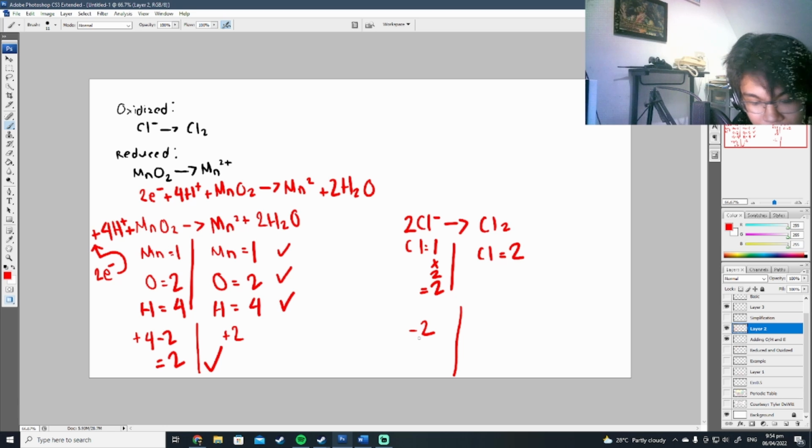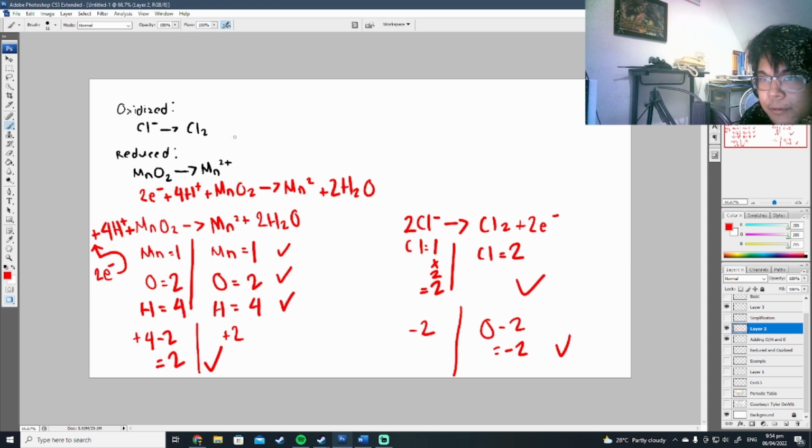On this side we have negative 2, and on the other side we have 0. Since we have 0 on this side, we have to add electrons here, 2e-. So negative 2 equals negative 2, and now it's balanced.